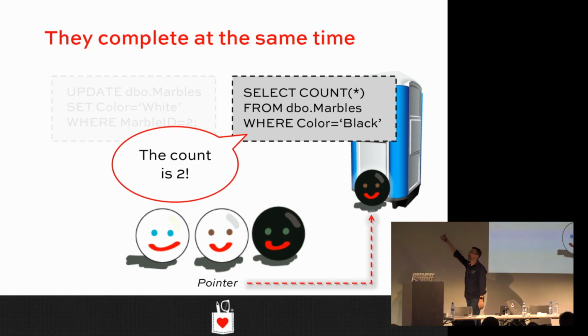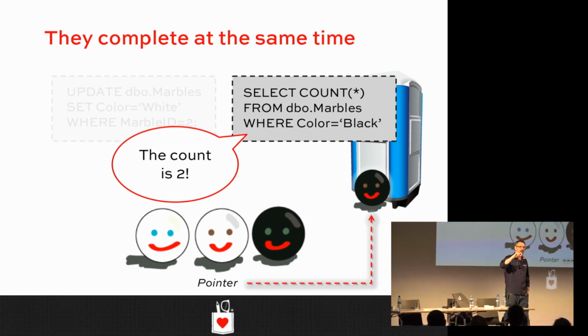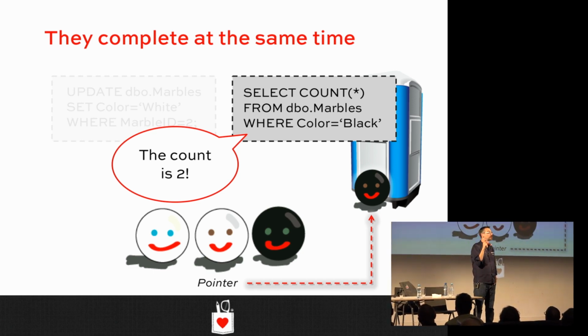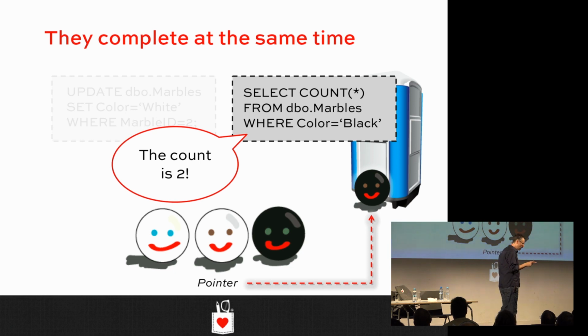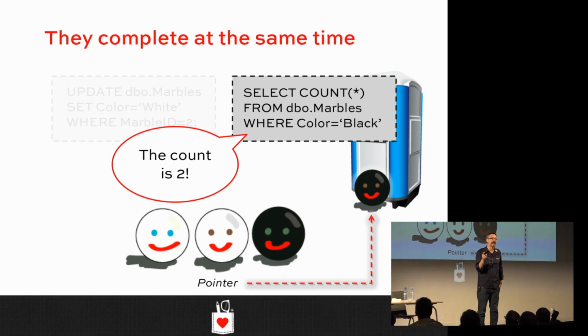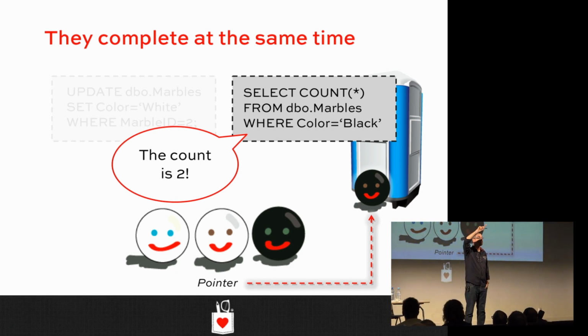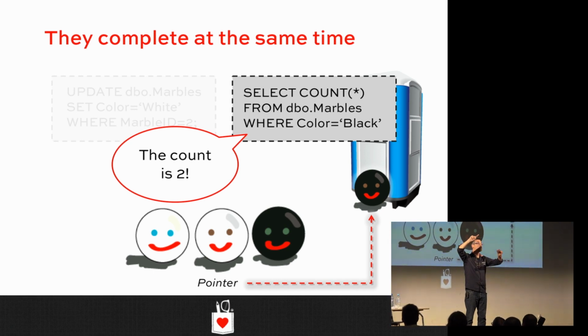So I'm going to go get my select data out of the toilet, and my select finishes, but it's true as of when my query started. That update may end up committing at the same time, so I may see a select that shows 1 black marble, even though there were maybe 2 black marbles when I started this query, mixing things around a little bit.